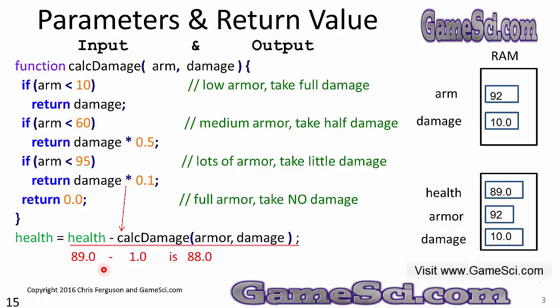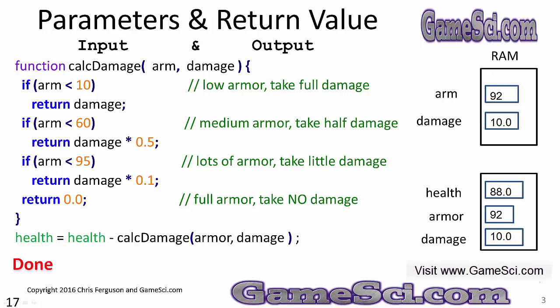So our health variable currently contains an 89. We will subtract our reduced damage value of 1.0 and we'll get a new value of 88. That 88 will be assigned to our health variable, and you could see when we have a lot of armor, or 92% of armor, we're going to take very little damage.